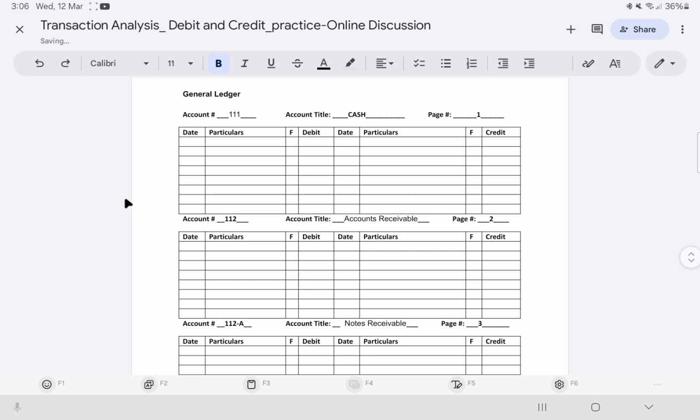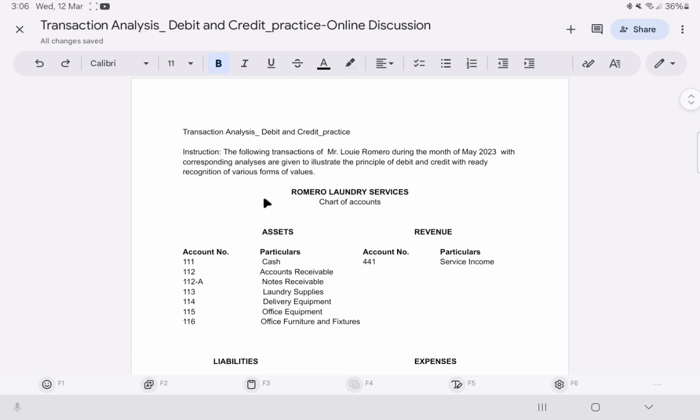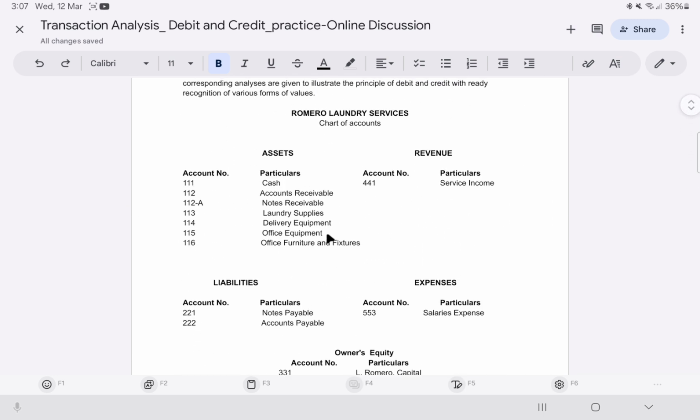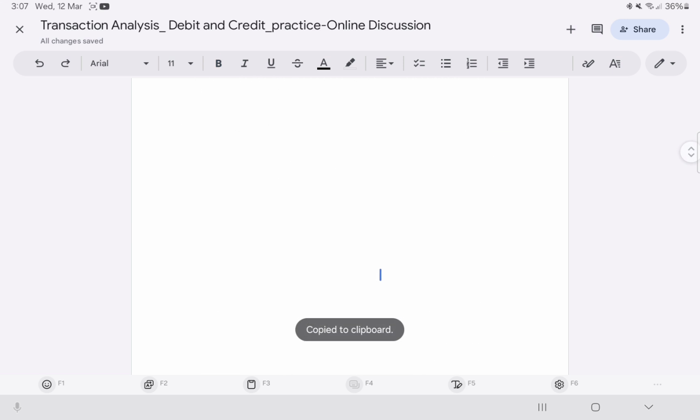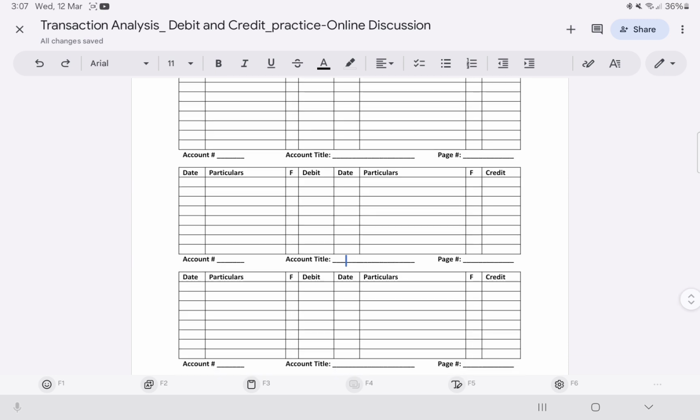Okay, the next, we have office equipment, account number 115. Office equipment.